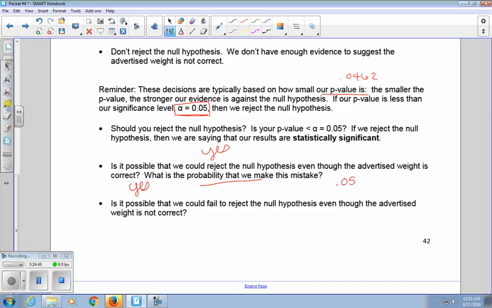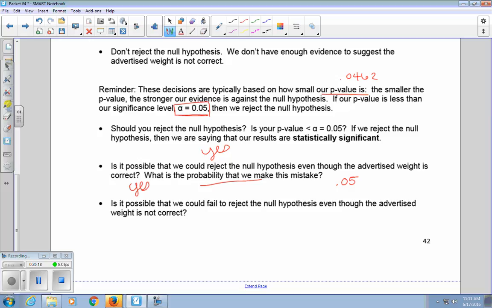It's 0.05. We pick a significance level based on the probability of this mistake we want to make. So what is the probability that we make this type of mistake? It's going to be 0.05 because our significance level is 0.05.